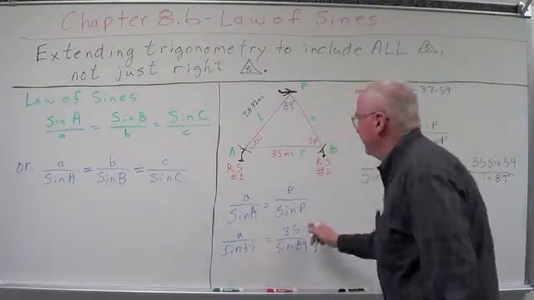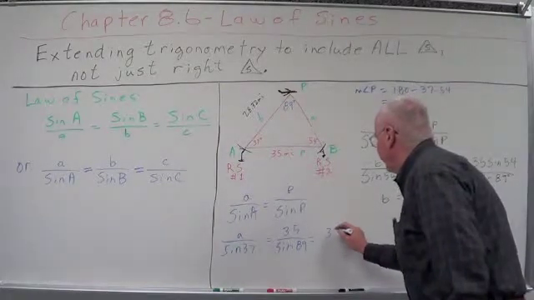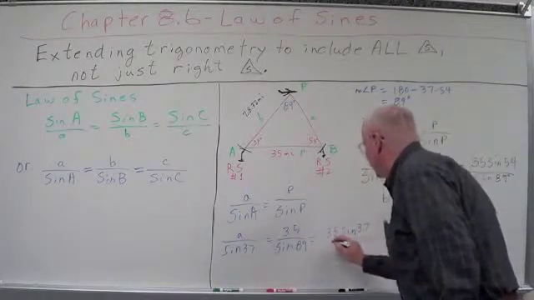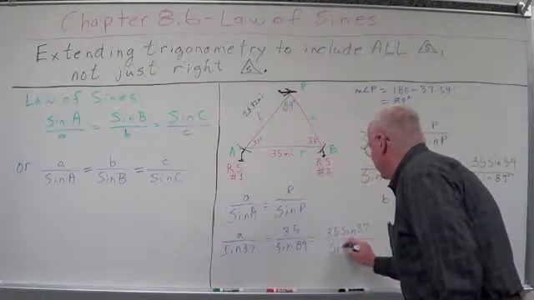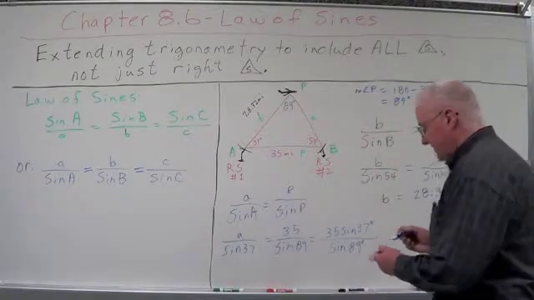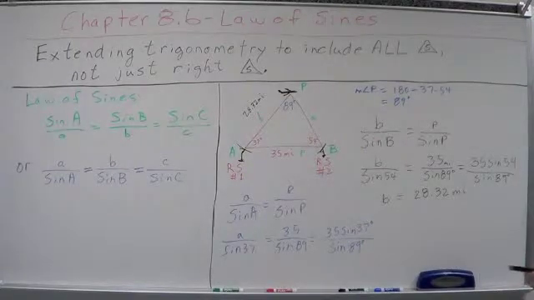And again, multiplying both sides by the sine of 37, we get 35 sine of 37 divided by the sine of 89. That should give us an answer.